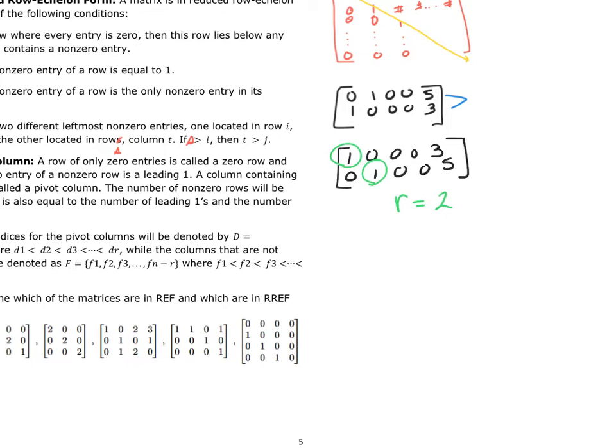Now if I take this and add on a row of zeros, I still have R equal to 2 because I still have 2 rows with ones in those positions. So adding a row of zeros is not going to change the number of pivot columns that you have. You just have 2. R is 2.